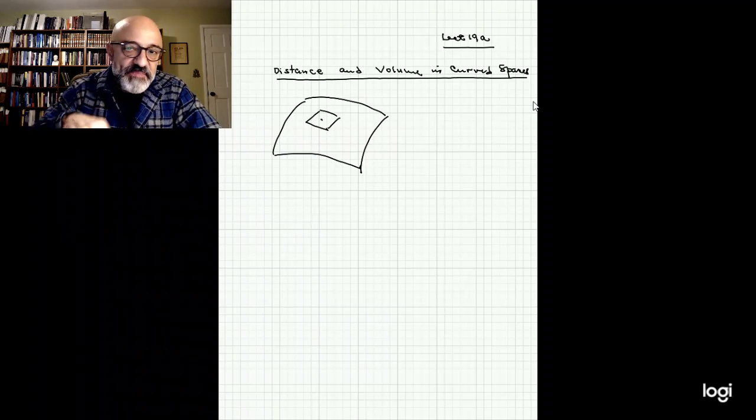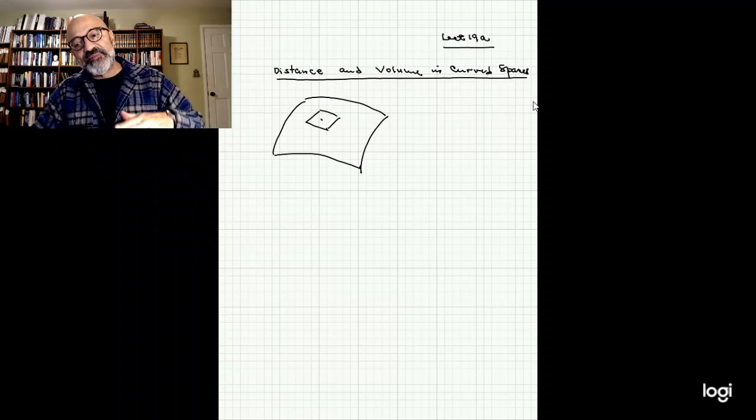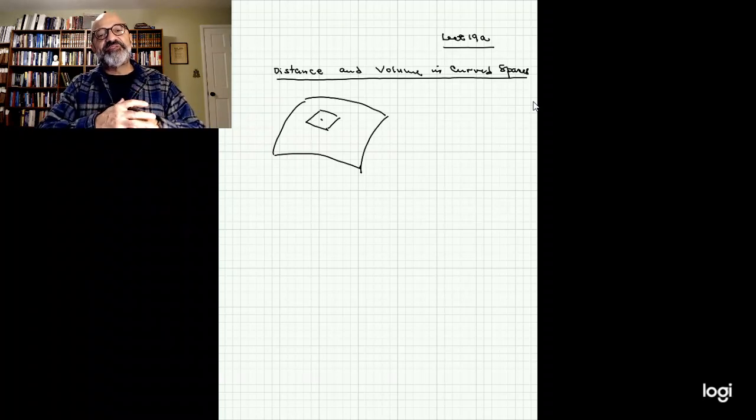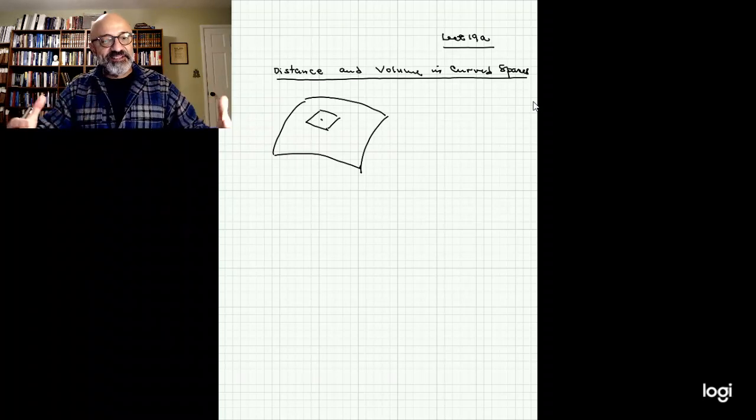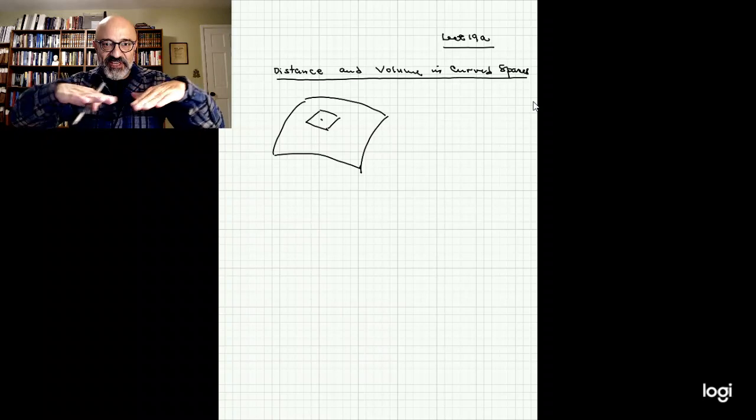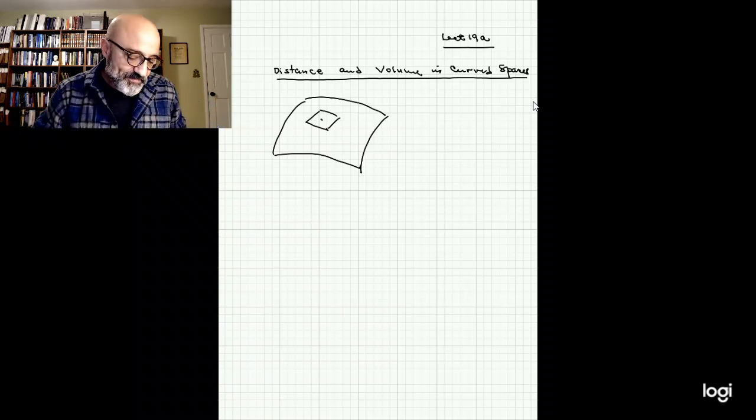So if the space looks flat, then we're going to say it is flat, and we're going to start using the standard notions of geometry associated to flat spaces. So in detail, how do we do that?